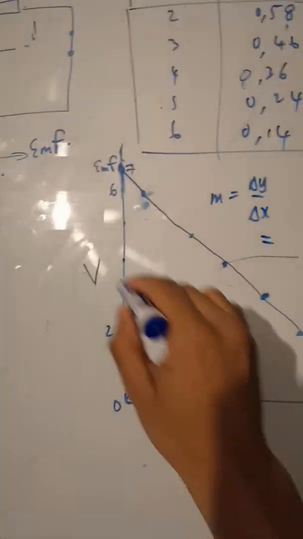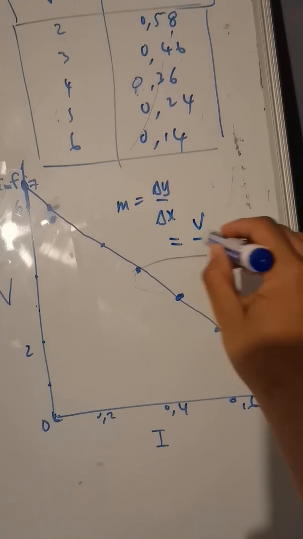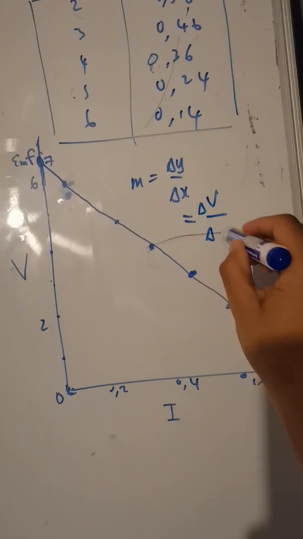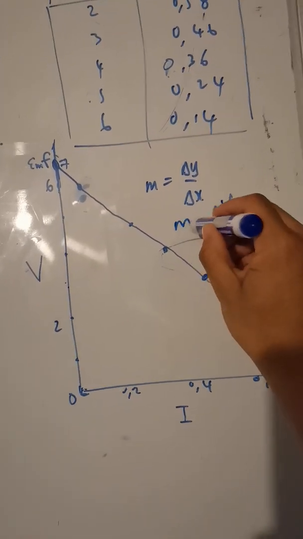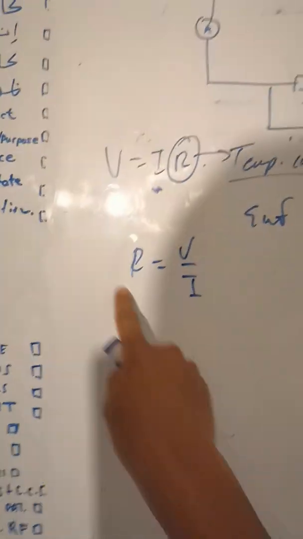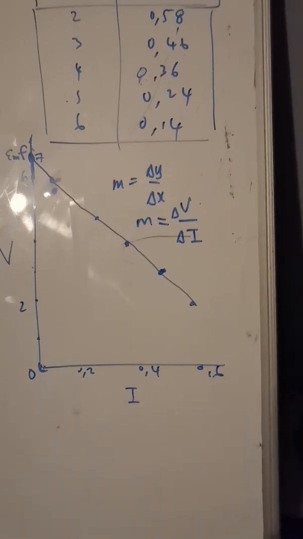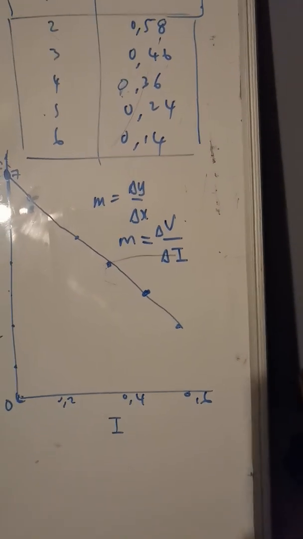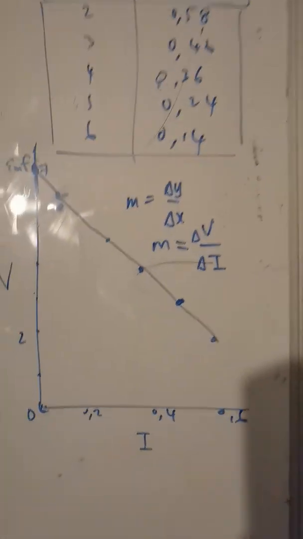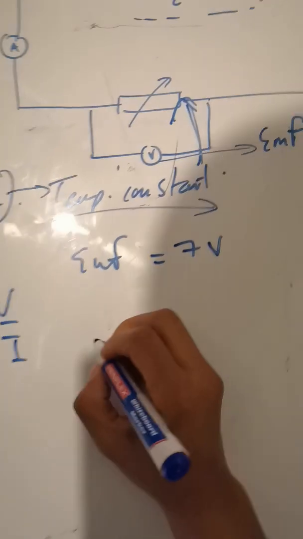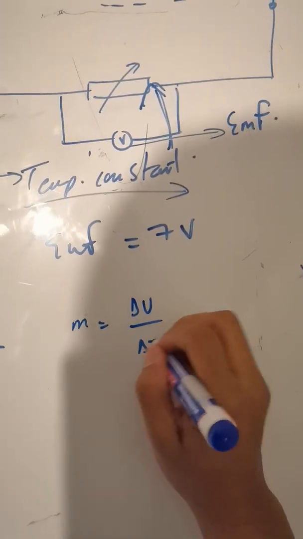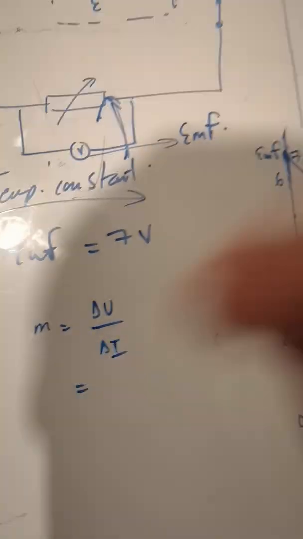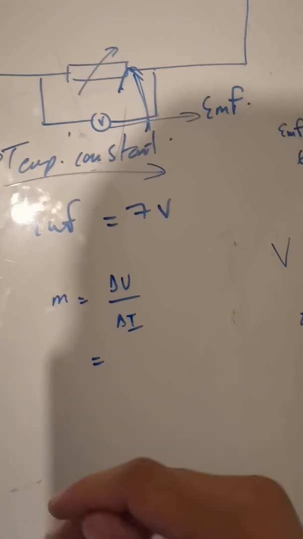The y-axis is voltage and the x-axis is current, and V over I is the resistance. So whenever you have a graph like this and they ask you to calculate the internal resistance, always remember, just get the gradient of the graph. The gradient is change in voltage over change in current.